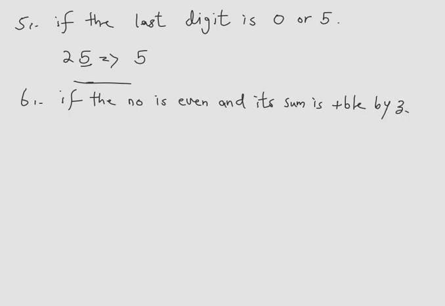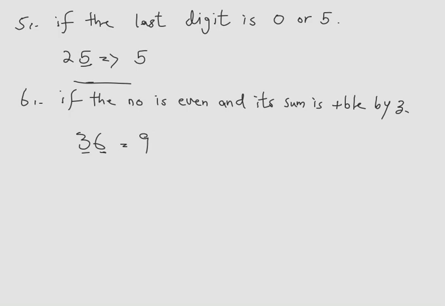For example, if we take 36, its last digit is even and the sum of its digits can be divisible by 3, like 6 plus 3, which is equal to 9. 9 is divisible by 3, so this 36 can be divisible by 6.